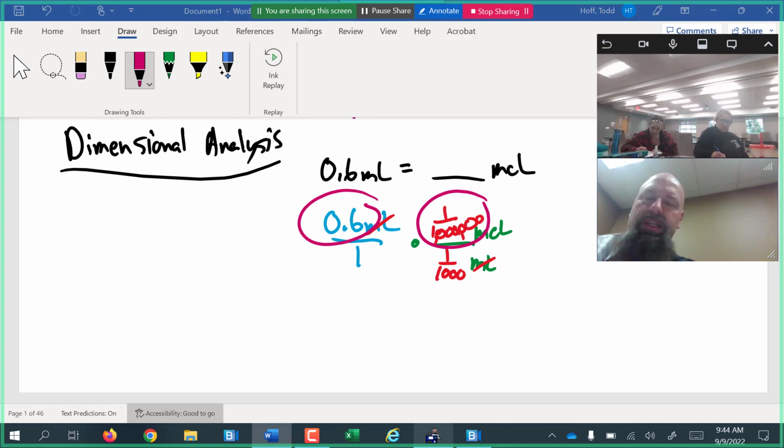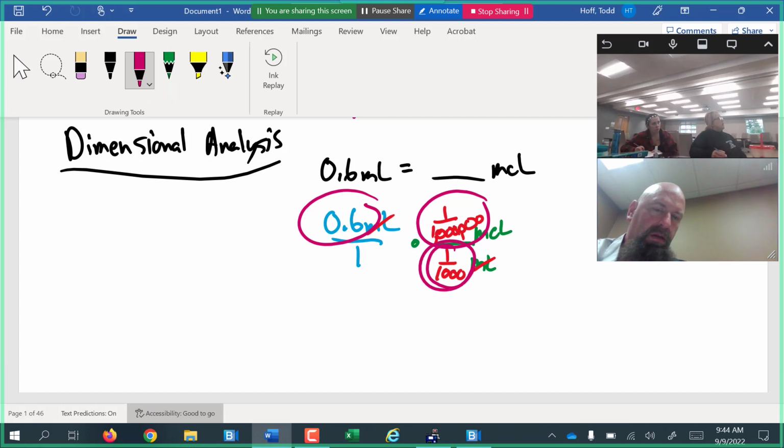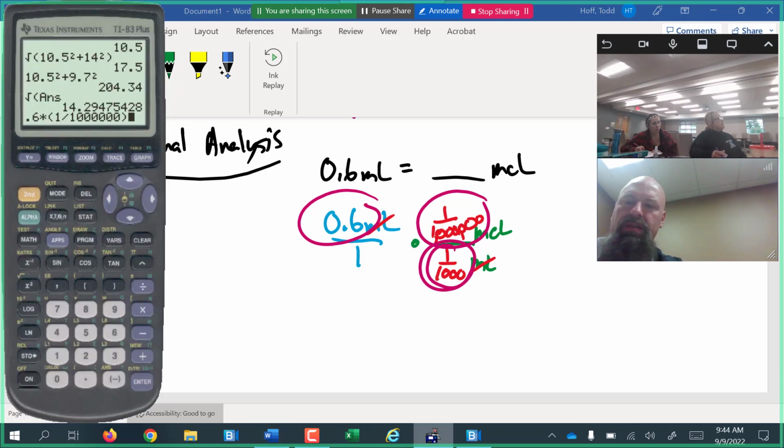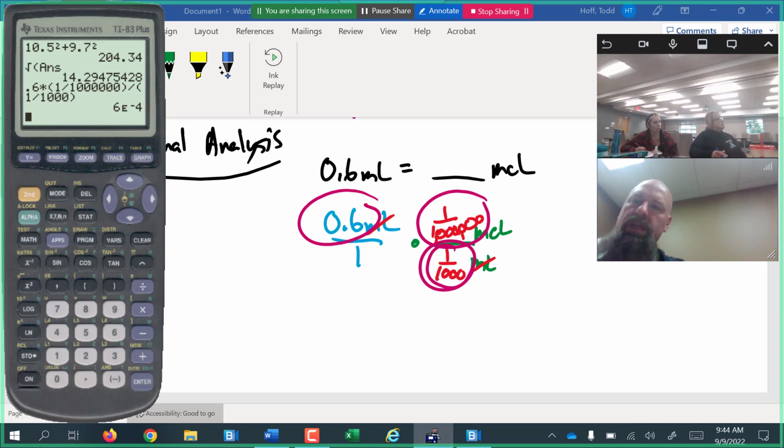On the calculator, I'm going to put 0.6 times, in parentheses, 1 divided by 1,000,000. And then I have to divide by the 1/1000th, so I'm going to divide by, in parentheses, 1 divided by 1,000. And I get, now, oops, what went wrong there?